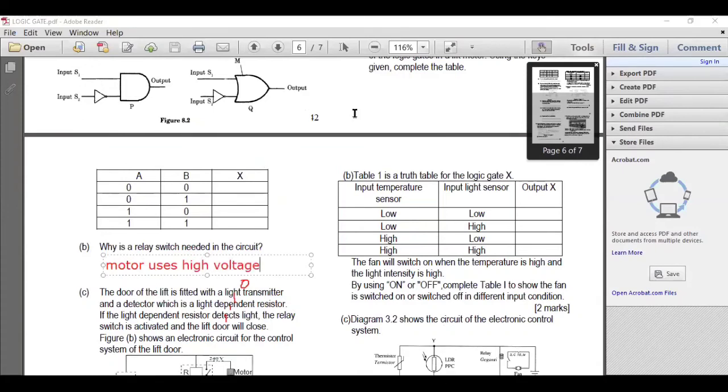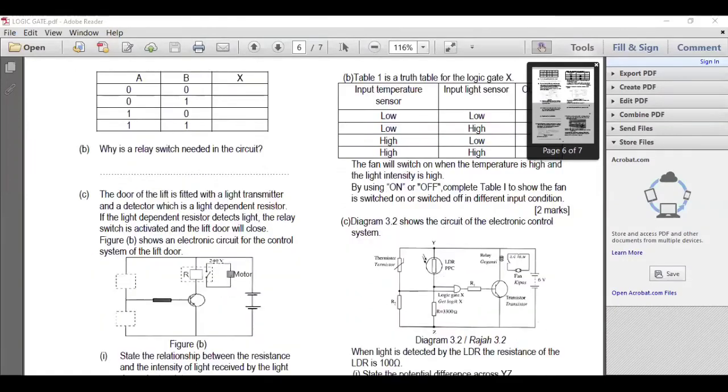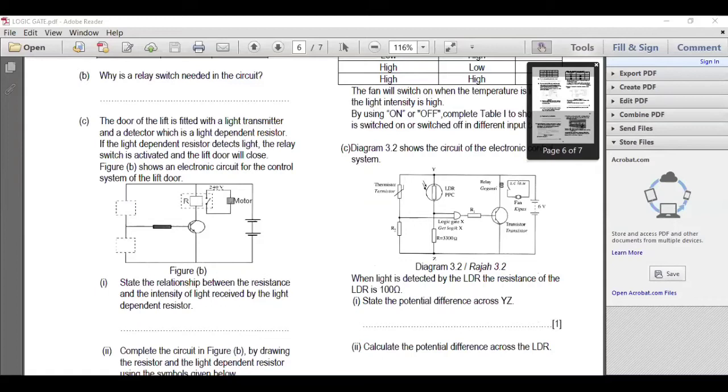Okay, next. Now what happened is this one, sometimes they combine with a transistor. The door of the lift is fitted with a light transmitter and a detector which is a light dependent resistor. If the light dependent resistor detects light, the relay switch is activated and the lift door will close. Figure B shows an electronic circuit for the control system of the lift.